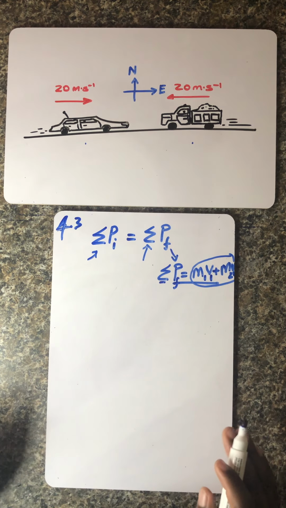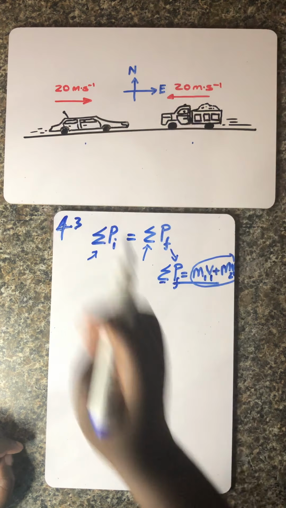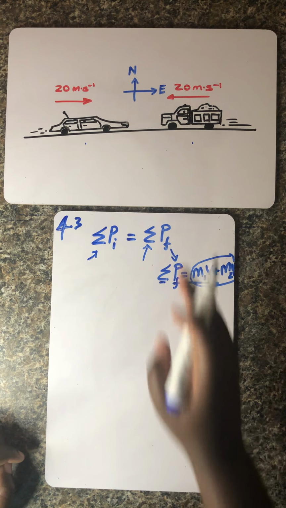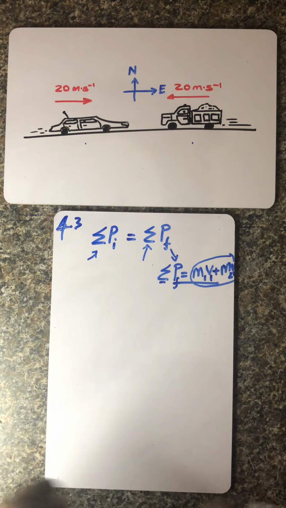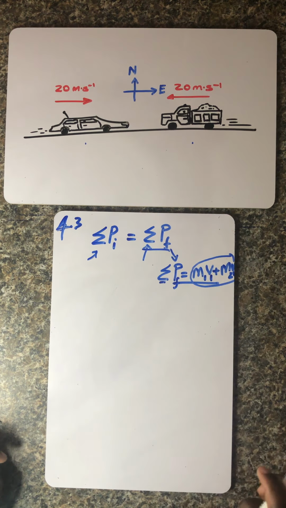What is the initial scenario? This is before the collision, before these two objects touch each other. What is the final situation? This is when a collision has taken place, when these two objects have come into contact.